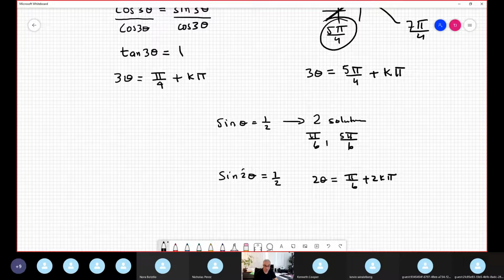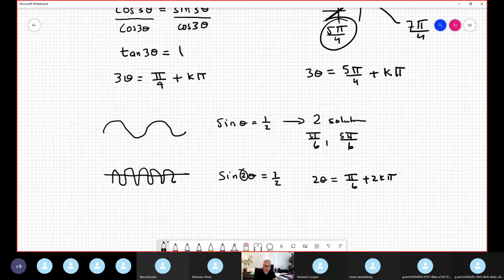Because what is the effect of this coefficient? This sine is like that. This sine is like that. And when you have equal 1/2, we have multiple solutions. How many? I don't know. You put k pi. When you overcome 2 pi, stop. Because I want the answer always within one revolution, which is 2 pi. Makes sense? Yes, it does. Excellent. This is the thing I try to explain.